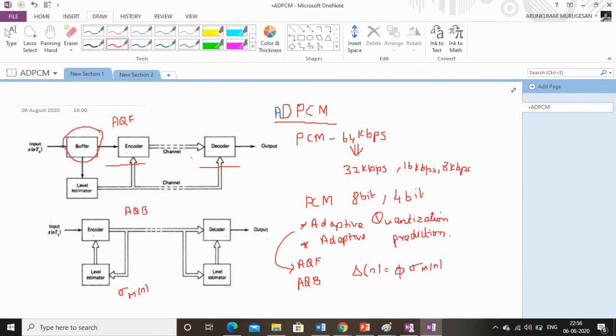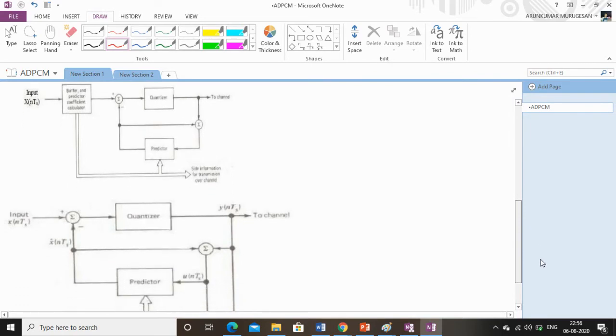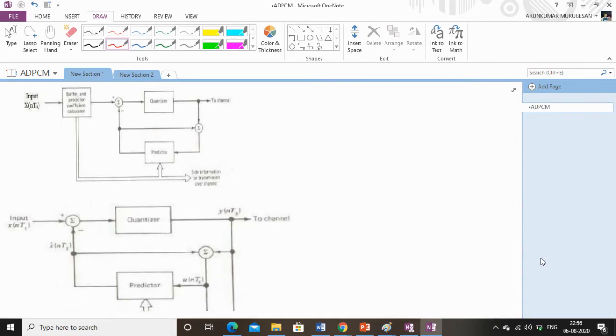Now we see adaptive prediction. In adaptive prediction, the speech signal is non-stationary.